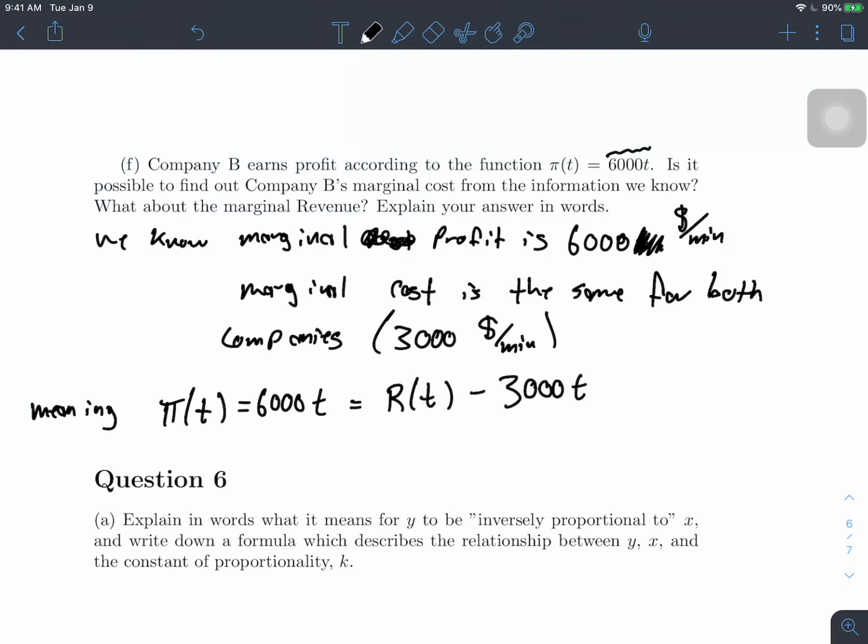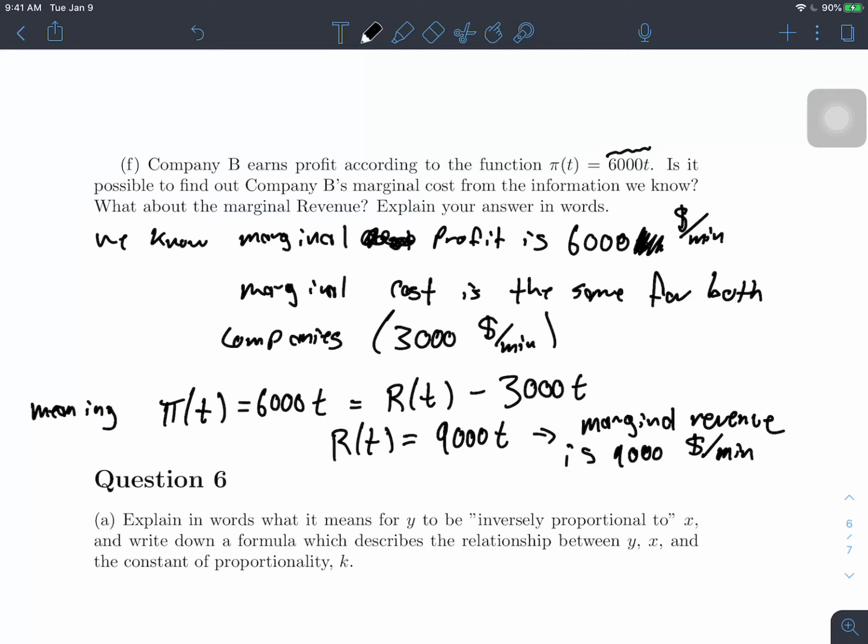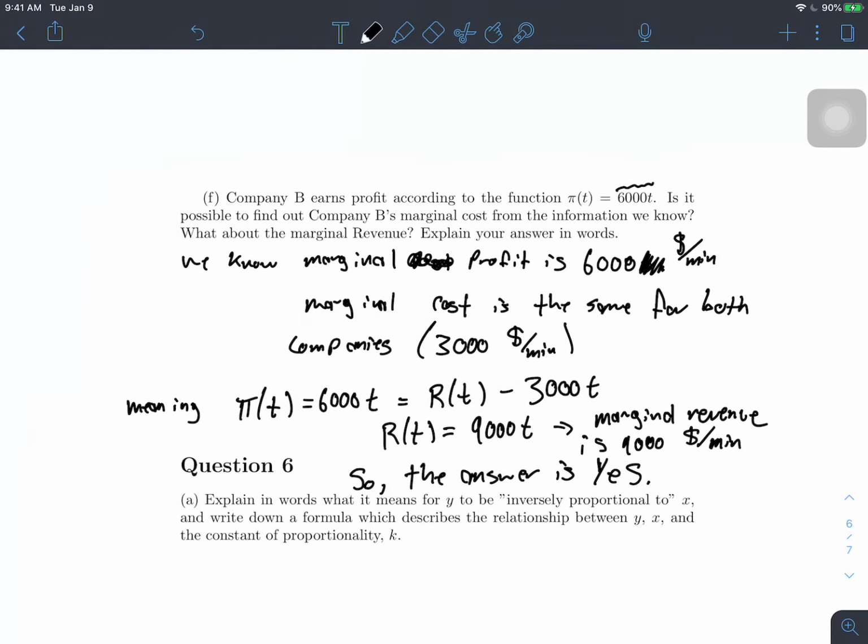If we add 3,000 t over to the other side, we find r of t is going to be equal to 9,000 t, which tells us that the marginal revenue is $9,000 per minute. So the answer is yes, although the question was worded in kind of a funny way.